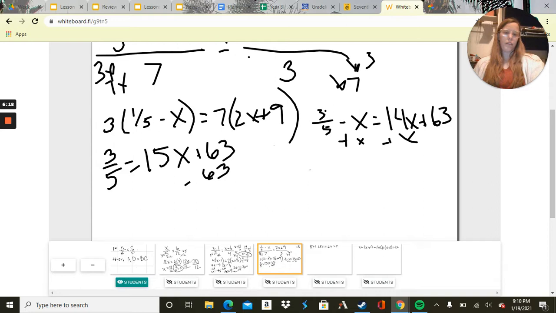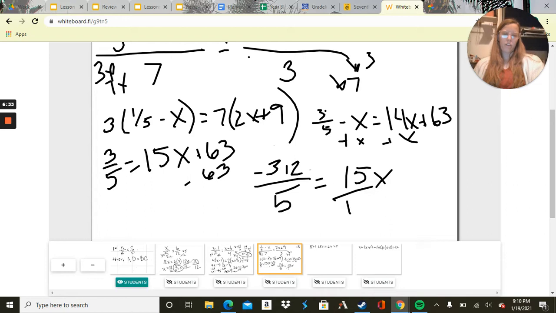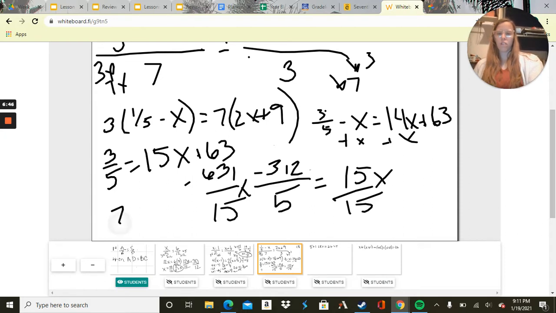So we're going to have negative 312 over 5 equals 15x. We need to divide by 15, so we're going to take this times 1 over 15. 15 times 5 is going to be 75. So that times negative 312 over 5 gives negative 312 over 75.